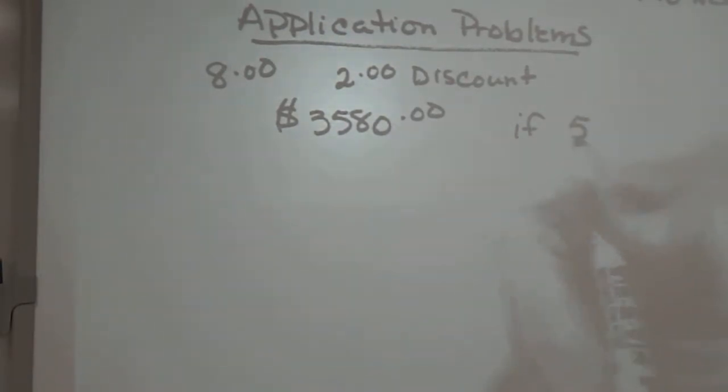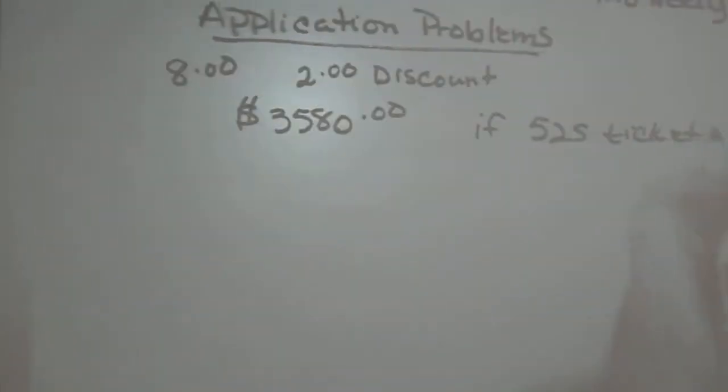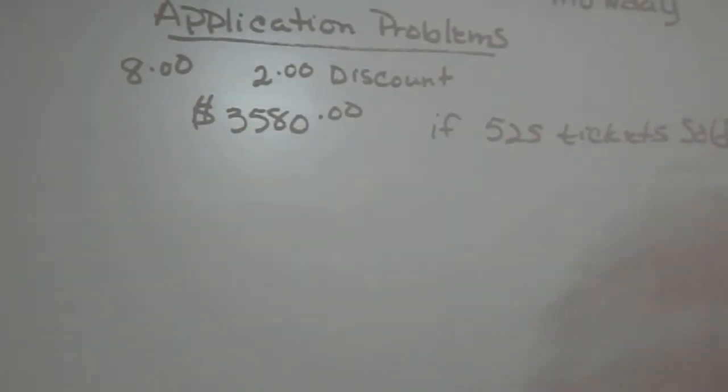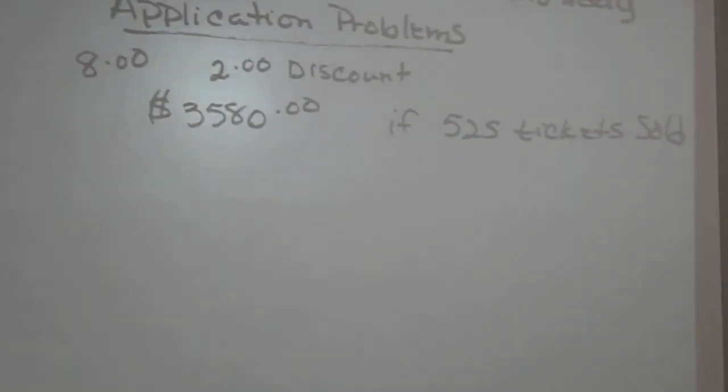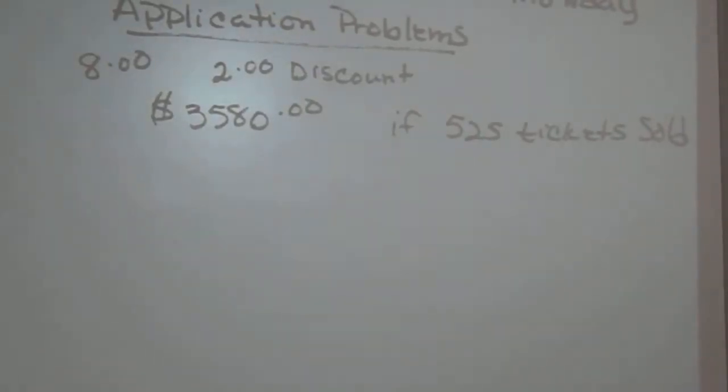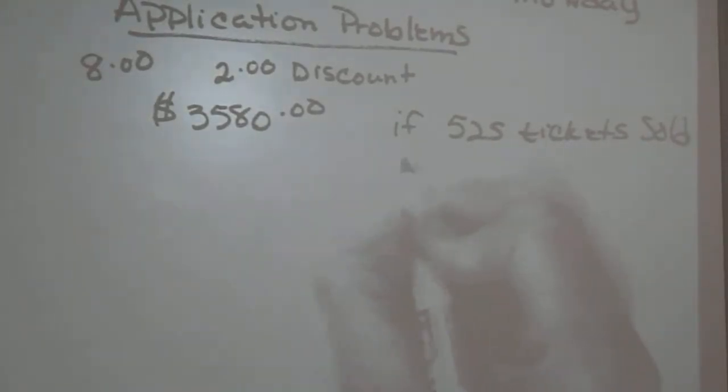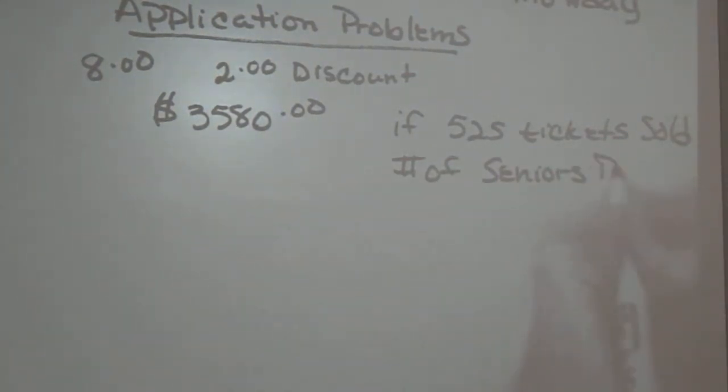If 525 tickets were sold that night, we should be able to figure out how many seniors actually attended the Great and Powerful Oz, right? So that's our goal. We want to know the number of seniors present that night.